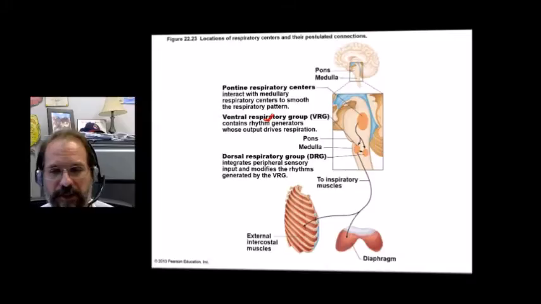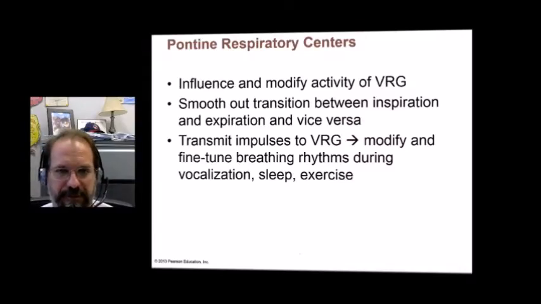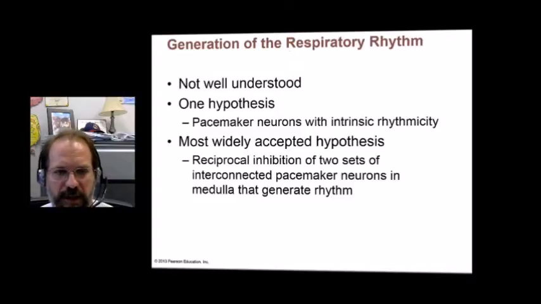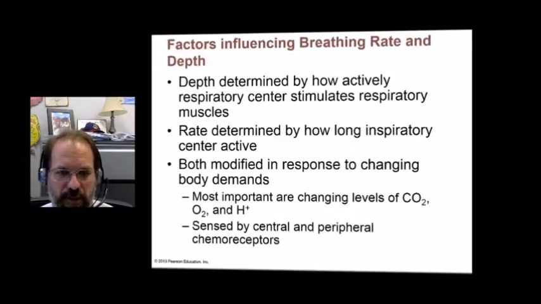And guys, really all I expect you to know is that there are these structures called the VRG and DRG that are in the medulla, and they're partially influenced by the pontine respiratory center. But in a nutshell, the brainstem is what regulates your respiratory rate. So you don't need to worry about the hypotheses about how this works.